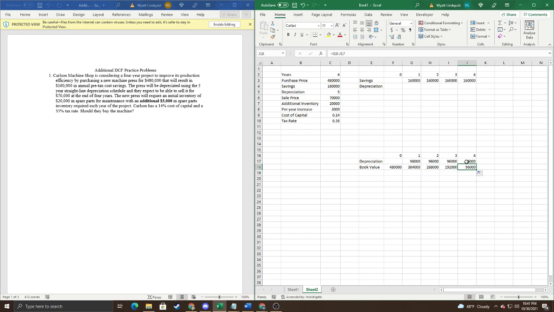So we're going to be ending off with a book value in year 4 of $96,000. So we're going to copy and paste our depreciation values up here, and then we're going to get our adjusted earnings before income tax.